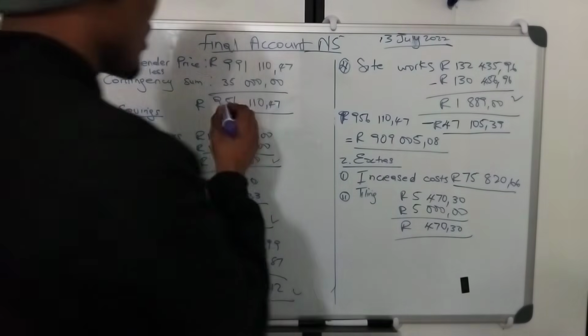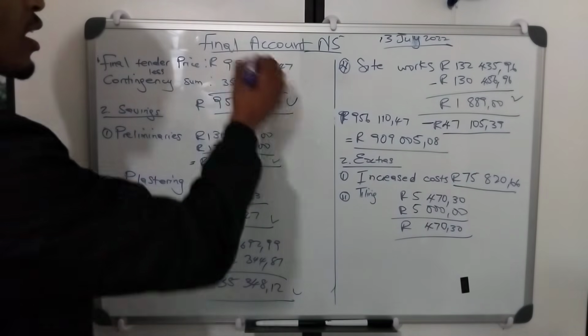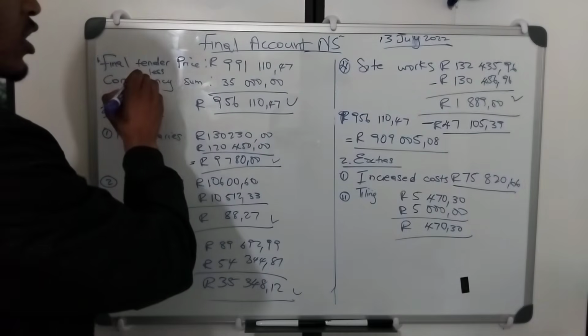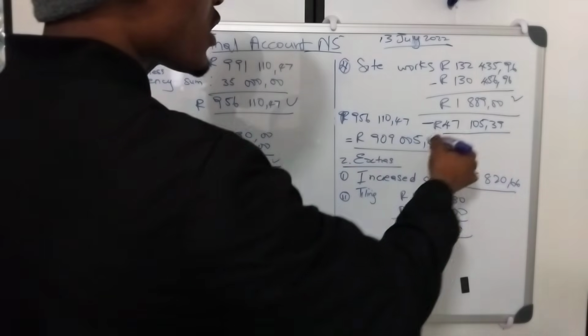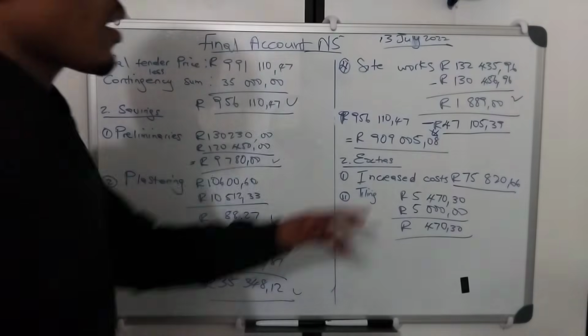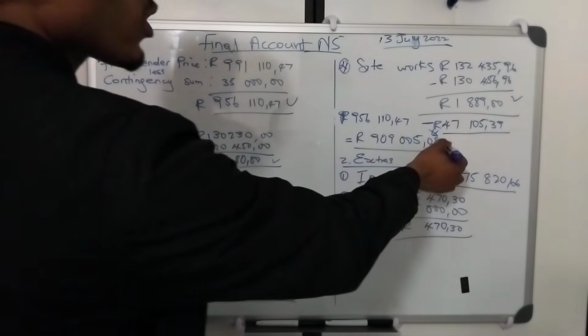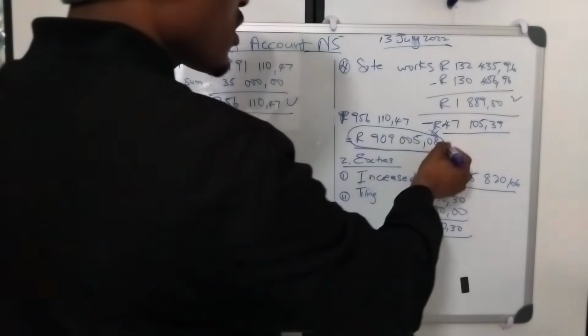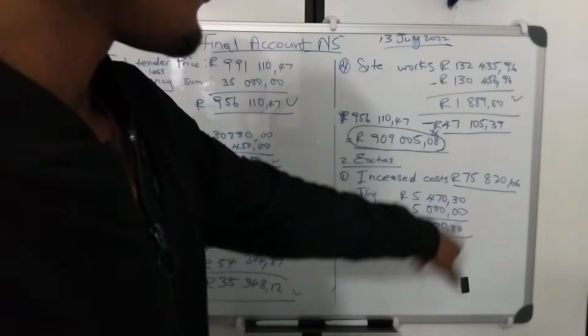Now, since we took this amount that we got after subtracting the contingency, then we subtracted the savings, now we take the one that we got when we were subtracting the savings, we add the total of these two.